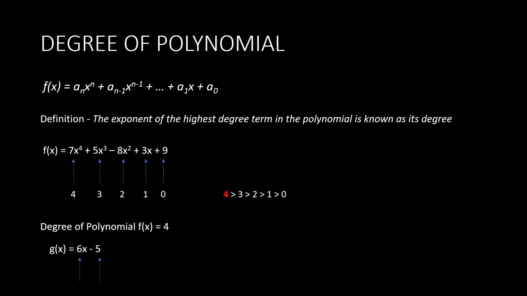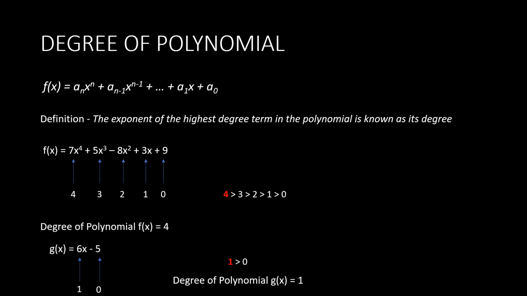So now 6x has a variable x with a power 1 and negative 5 has a variable x with a power 0. So as you see, 1 is more than 0. 1 is the greatest power of the entire polynomial. So therefore, the degree of polynomial g of x is equal to 1.